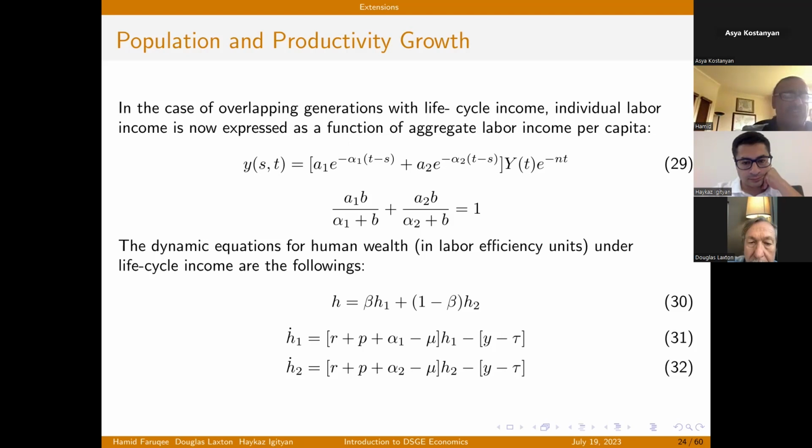Equations 30 through 32 would be these dynamic equations for human wealth, normalized in efficiency units of labor, normalized because n is positive and mu is positive in terms of population and productivity growth. That's effectively what these equations allow you to do, keeping things tractable when scale variables are increasing. Okay, next slide, please.